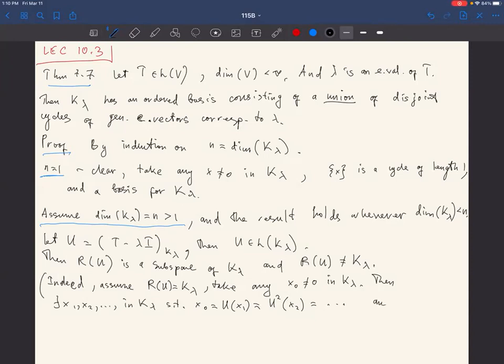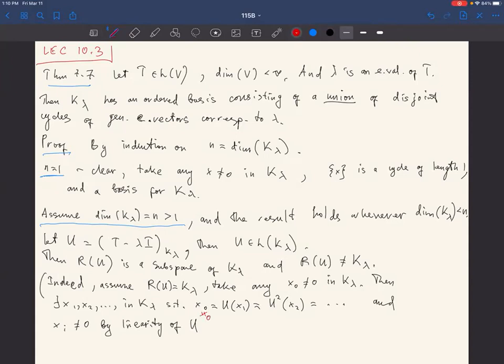And additionally, in this sequence, all the vectors are going to be not equal to 0, more precisely. We have that xi is not equal to 0 by linearity of u. Because remember, we're assuming that x0 is not equal to 0 and u is linear.